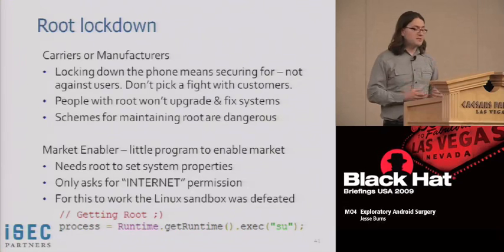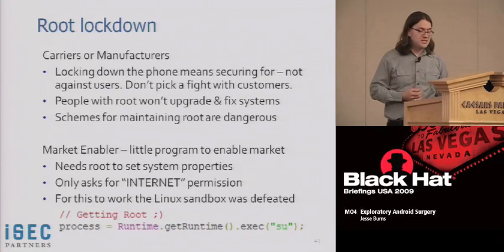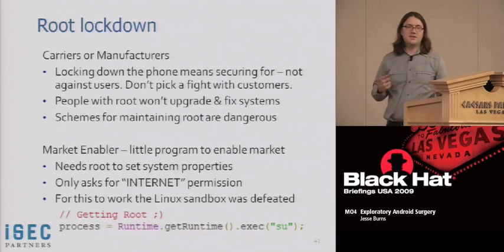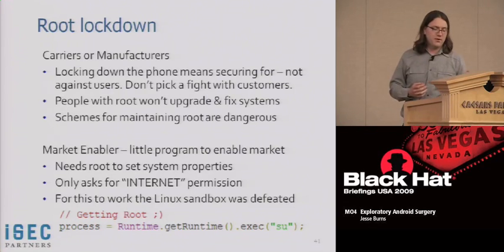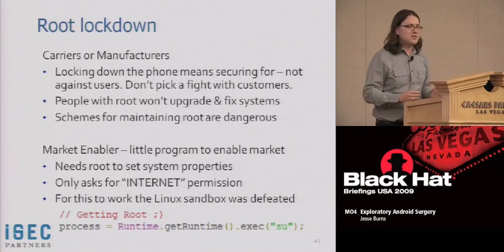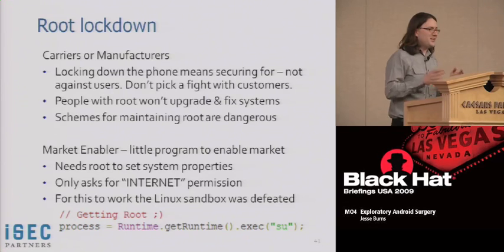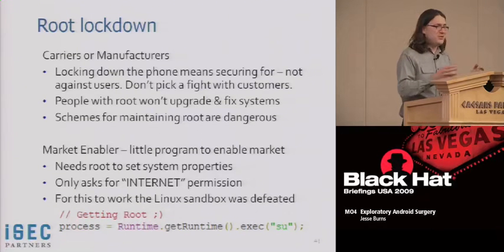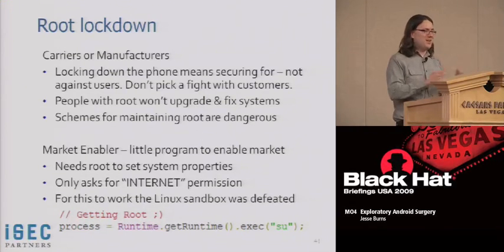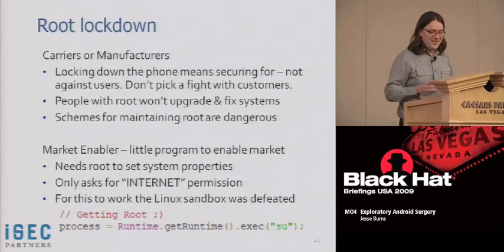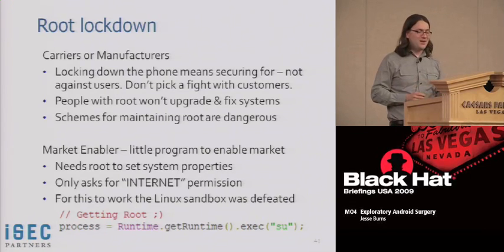So ghetto schemes for keeping root are actually really easy to exploit. One thing that you see all the time is people leaving setuid root shells floating around on their system partition, right? Having setuid shells is a bad idea, because sure, you can use them to get root, and so can your block stacking game and anyone else. It's not a proper secure mechanism for keeping control of your device.